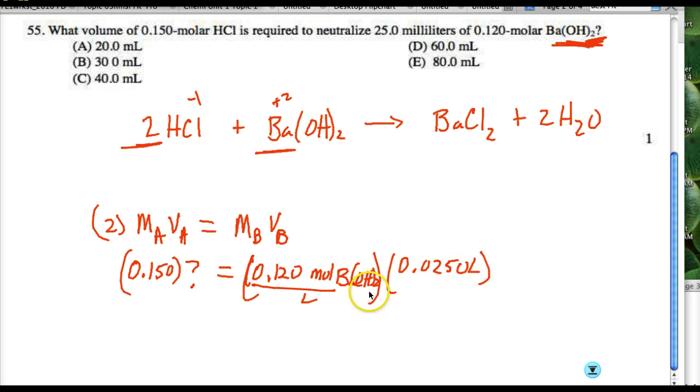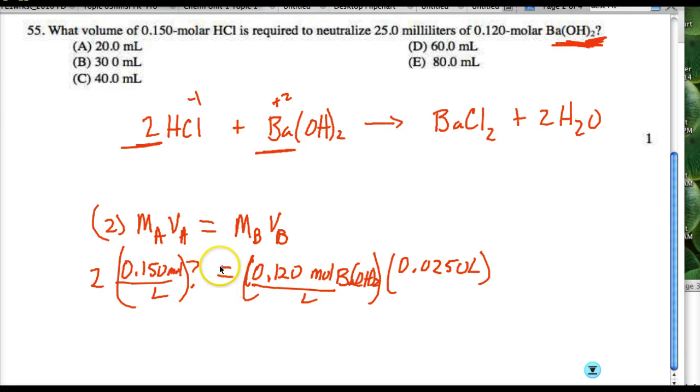So this is moles per liter, I didn't put my unit. So 2 times that, that's what I'm going to need. So 2 of the 0.105 moles per liter.